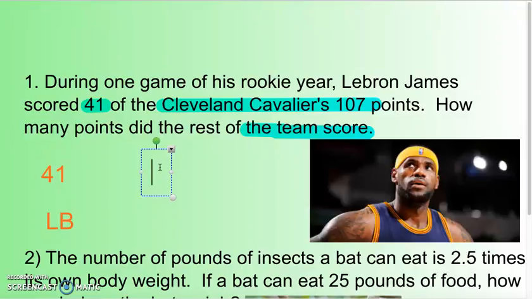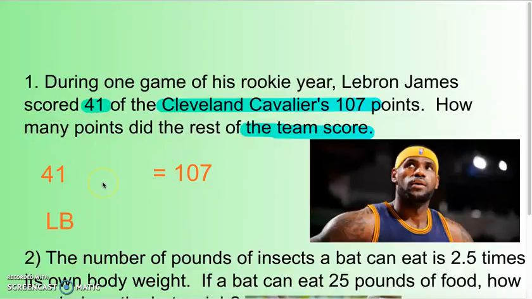I know it doesn't say that they're total points, but it says that LeBron James scored 41 of these entire points. And so it's a clue that I'm going to put an equal sign saying that those are the total points of the whole team. And now I have numbers within my equation. I have an equal sign, but I'm trying to figure out what else do I put in the middle here.